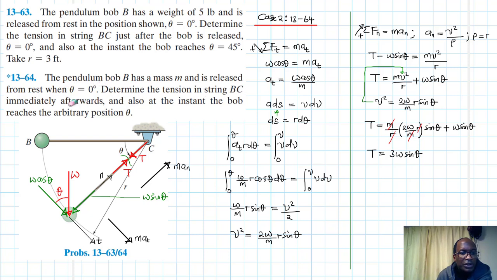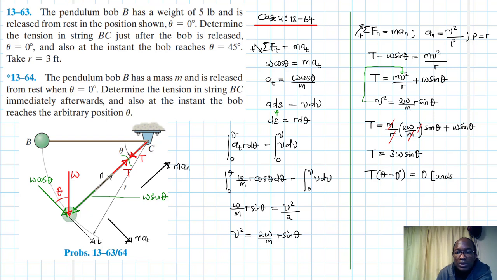All right, so we have been asked in the first case to determine the tension in BC immediately afterwards. So the tension when θ is equal to 0 degrees will just be equal to 0. We have not been told any units, so I'll just say 0, then here I'll say units of force.